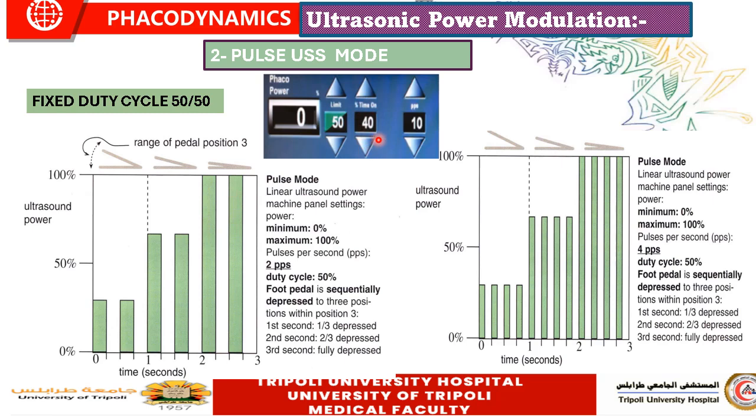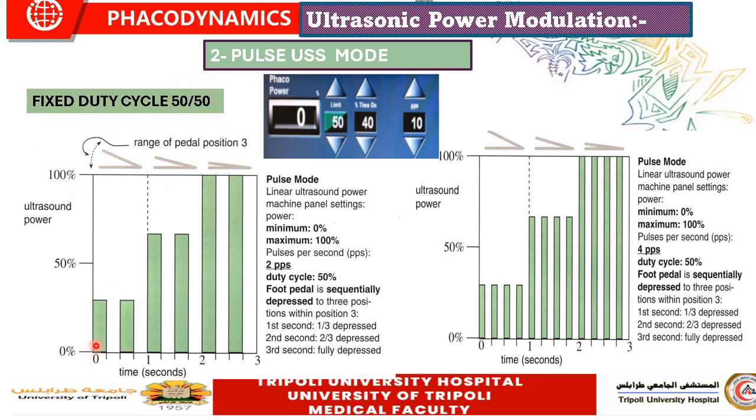Now, I will explain in the next slide the meaning of duty cycle. But for example, here, the duty cycle is 40. It means that the on time is 40%. Of course, commonly in the traditional ultrasound, we use a fixed duty cycle that is 50 by 50.